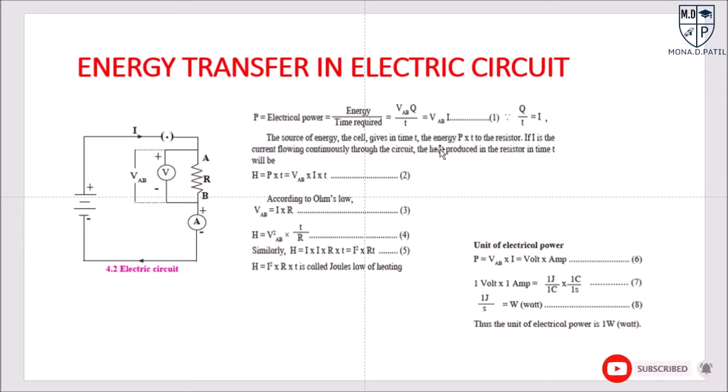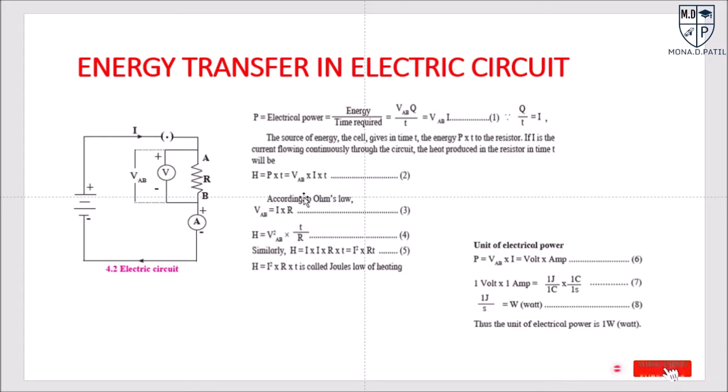If the current flows continuously through the circuit, the heat produced in the resistor in time T will be, so heat will be produced in R. Heat H is equal to power P into time T. So we obtain V into I into T, because we have already seen that P is equal to VI. So instead of P we write VI, and into T. So H is equal to V into I into T. This is equation number 2.